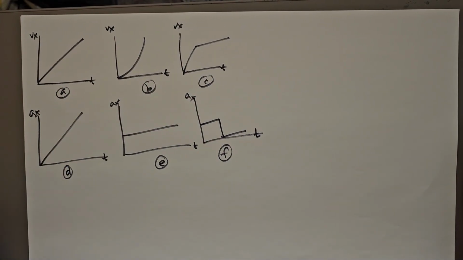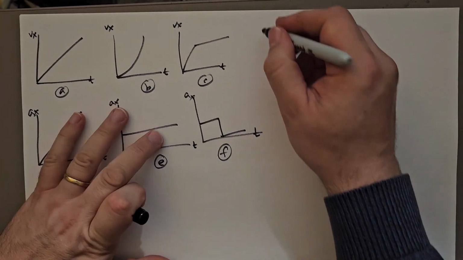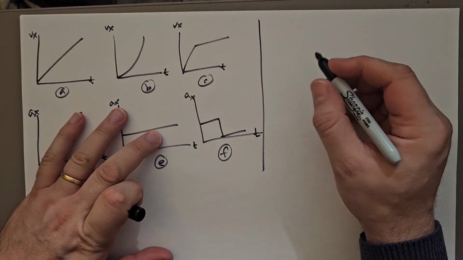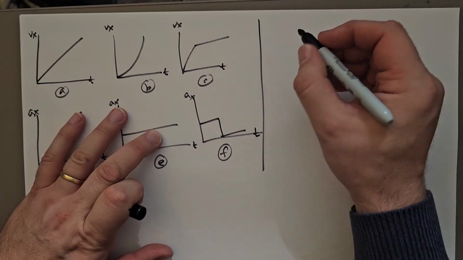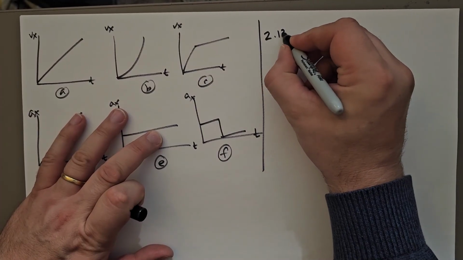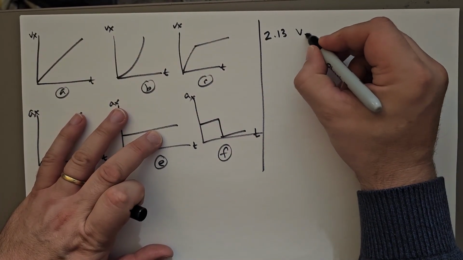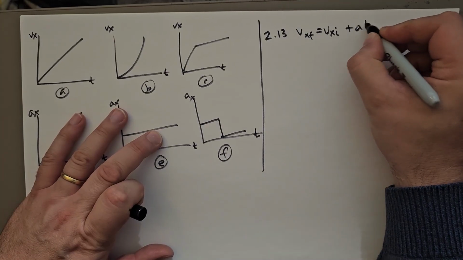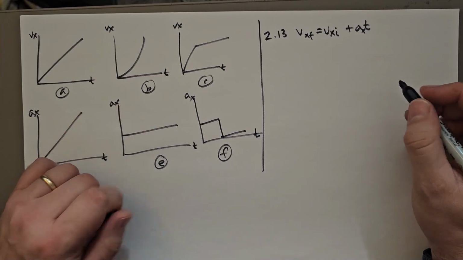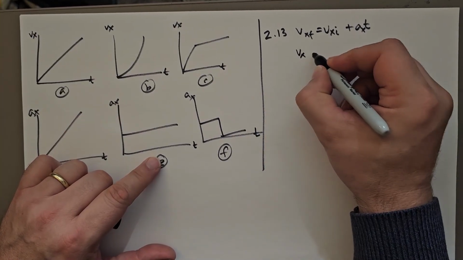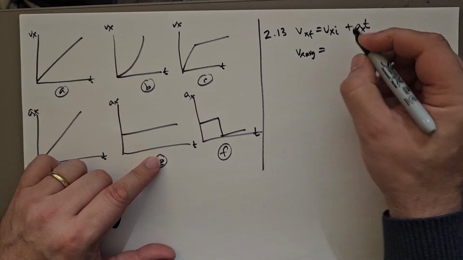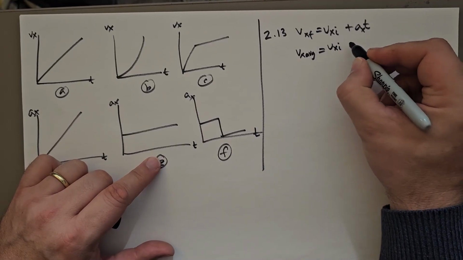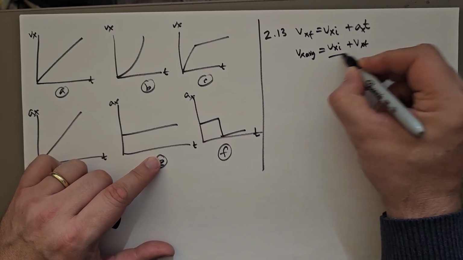All right, so I'm going to summarize here the analysis model for you. It's a particle under constant acceleration. So we have equation 2.13: the final velocity is equal to the initial velocity plus the acceleration in the x direction times the time. The average velocity is equal to the two velocities added together divided by 2.